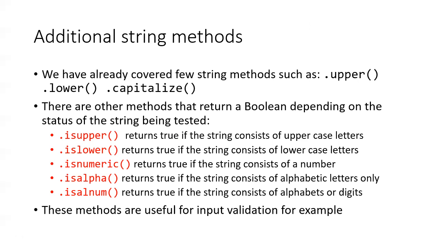You'll create a string variable, and then you'll store the string in that variable. And then you can attach these methods to it. If you do dot upper, it'll convert everything to uppercase. If you do dot lower, it'll convert everything to lowercase. If you do dot capitalize, it'll convert the first letter to uppercase and all the rest of the letters to lowercase.